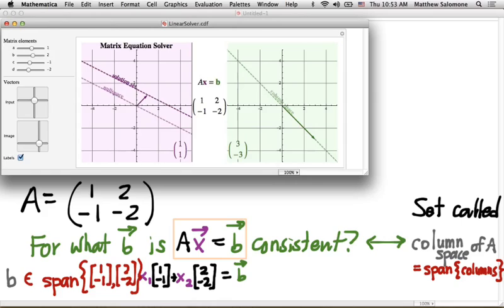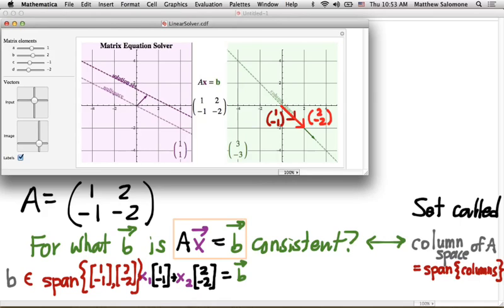Now, taking a look at our particular example, the columns of our matrix, (1, -1) and (2, -2), well, there's one of them. There's (1, -1). And the other one, (2, -2), what relationship do those 2 columns have to one another? They share, right, they're actually on the same line.